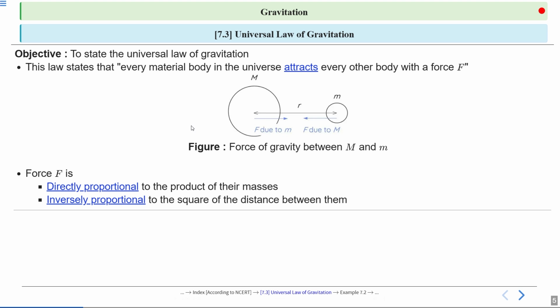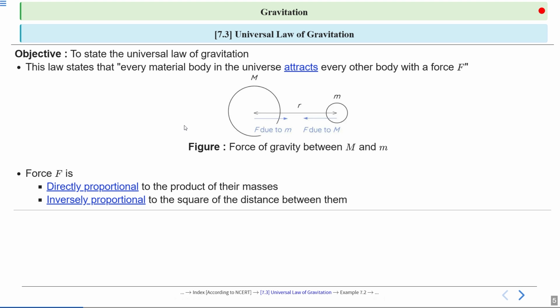This means that as the distance increases, gravitational force decreases rapidly. This relationship is important for understanding how gravity operates over vast distances in space.